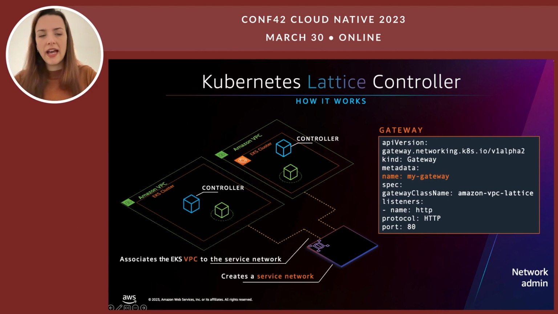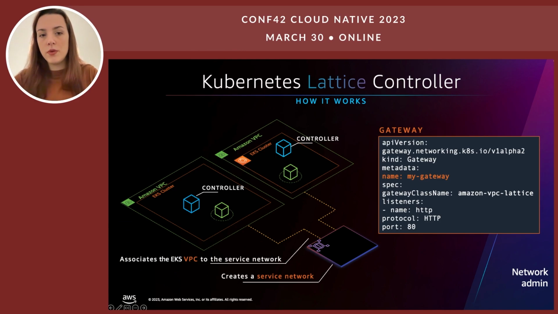Now we have network connectivity between the two VPCs that you can see in the slide, much like as if we had configured a transit gateway and attached the two VPCs to it.